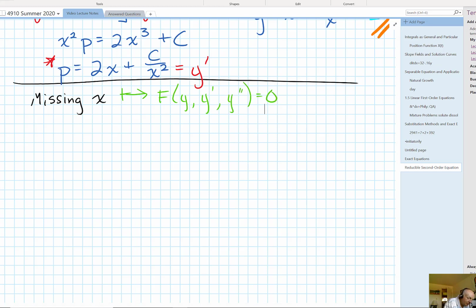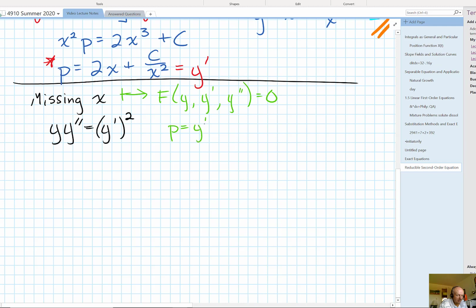This will also be reducible, but it's going to take a little bit of additional work to complete. To attack this one, we'll approach it in a similar way. We'll make the substitution, let p equal y prime, that's dy dx.